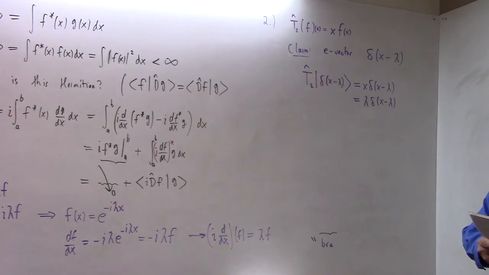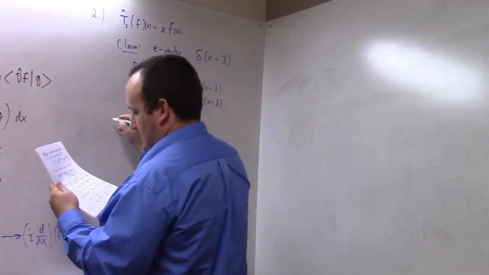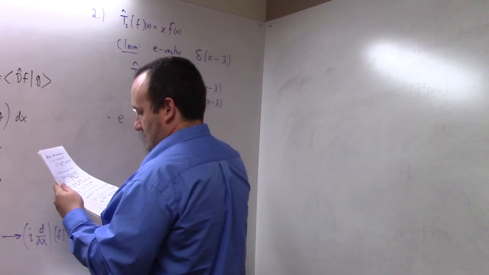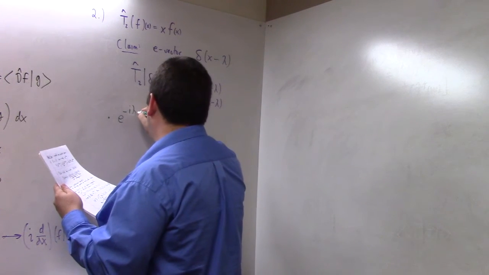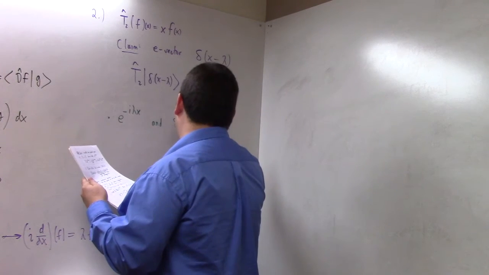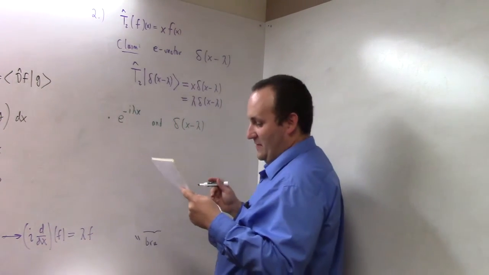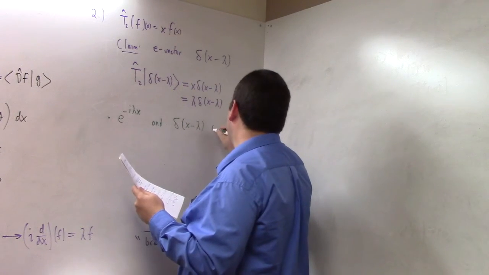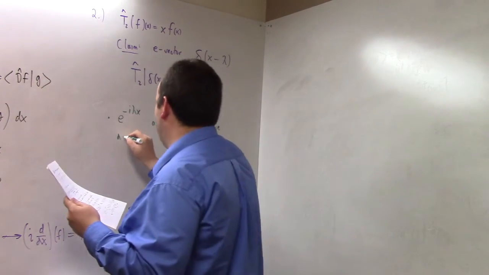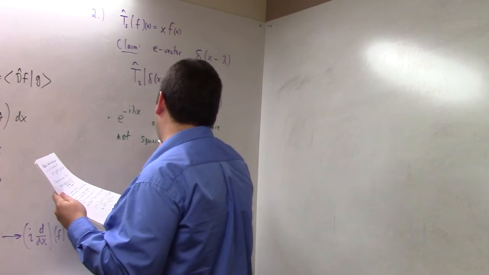Beyond this, something else I should point out, of course, is that e to the minus i lambda x and the Kronecker delta of x minus lambda, these are not square integrable functions in the Hilbert space, right?